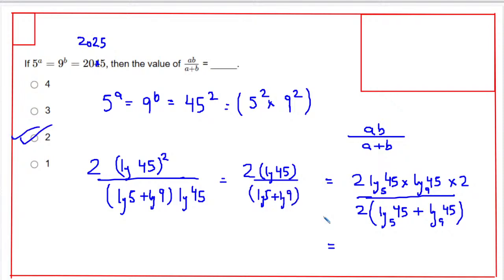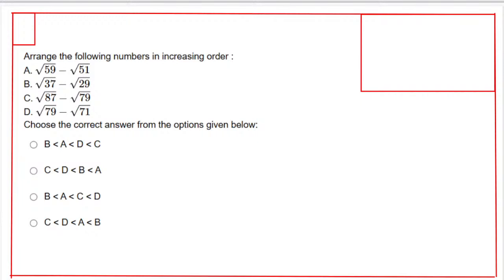This will get cancelled out. It would be 2. Comparing the powers is not the correct approach, but it is going with this question. I cannot say that a equals 2 and b equals 2 because it is not multiplied. If it is multiplied like this, I can say. So this comparison will give you the answer for this question, but not a correct approach. Try this one out now.